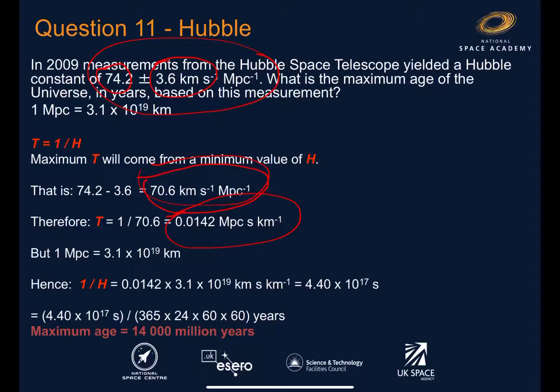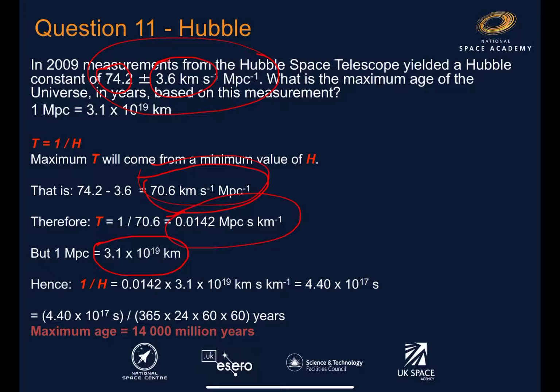Now that doesn't look like it is the age of the universe, and that's because it's in a very strange unit, megaparsec second kilometres, or seconds per kilometre. So we can start converting all this stuff to actually get this into seconds and years. For a start, a megaparsec is this many kilometres.